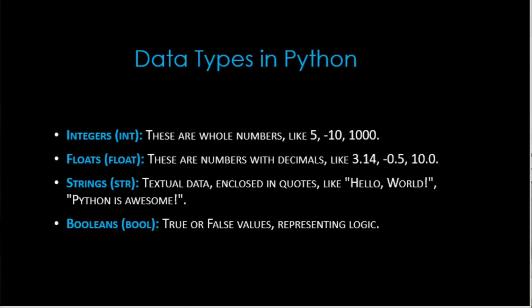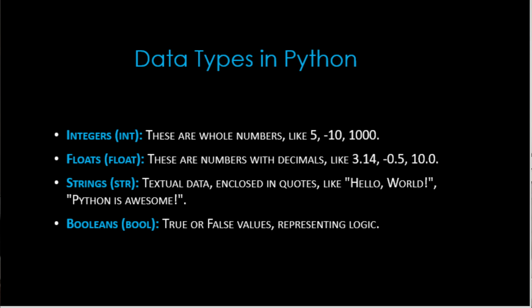We've got 4 data types. There's whole numbers, which are integers. Could be positive or negative numbers. Also, we've got floats, which are decimal numbers like 3.5, 1.5.